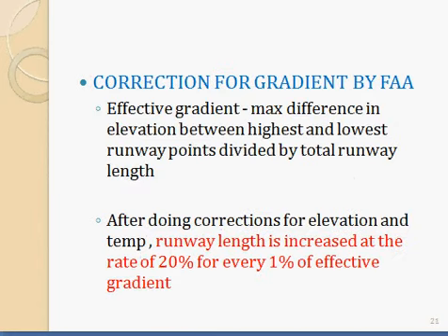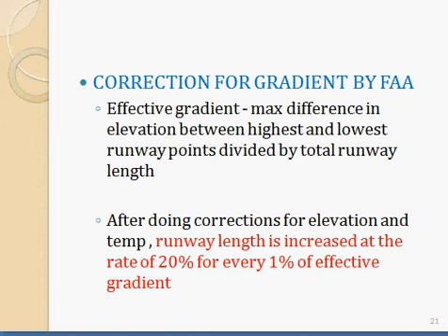After that you can go for correction for gradient, which is specified by the FAA, the Federal Aviation Administration. The effective gradient is the maximum difference in elevation between the highest and lowest runway points divided by the total runway length. You take the highest and lowest runway points throughout the length of the runway, take the difference between those two, and divide by the runway length.